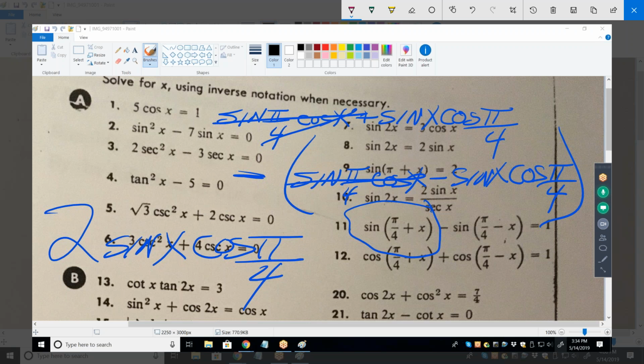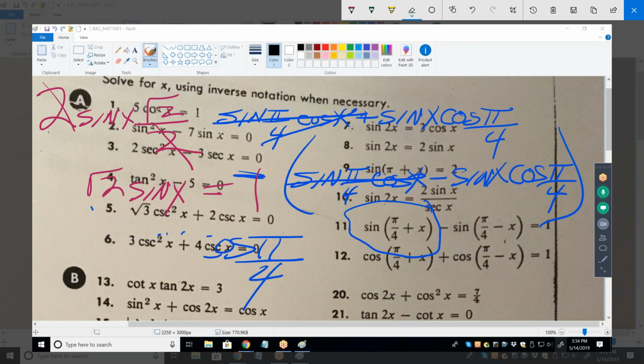That's root 2 over 2. So now I've got 2 sine of x root 2 over 2, which is root 2 sine x, equals 1. So now sine of x equals root 2 over 2.